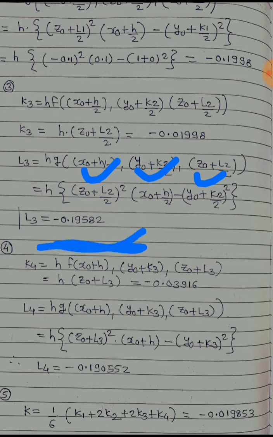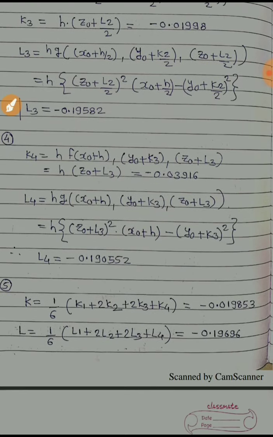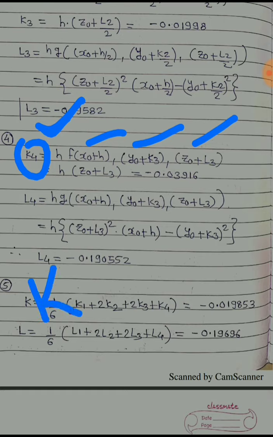Same way, we are calculating the fourth value, that is k4. So k4 is equal to h into f of x0 plus h, comma y0 plus k3, comma z0 plus L3. When we are calculating k, we need to understand that the equation is k is equal to h into z.